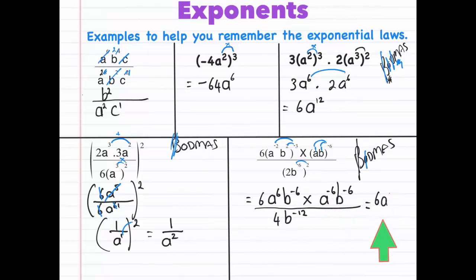So let me write that down. And then write the b, and then this will be b to the power of minus 6 and b to the power of minus 6. Write the b, minus 6 plus minus 6, which gives us a minus 12. You can test that. And then at the bottom, we've got a 4b to the power of negative 12.